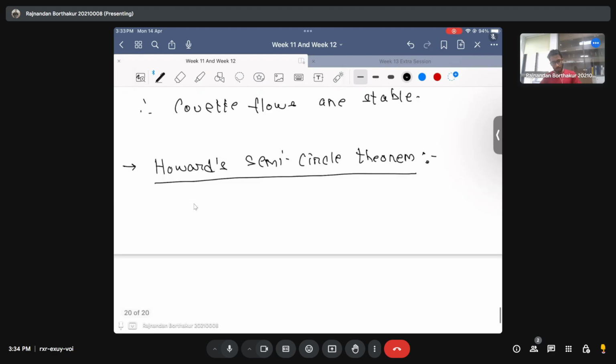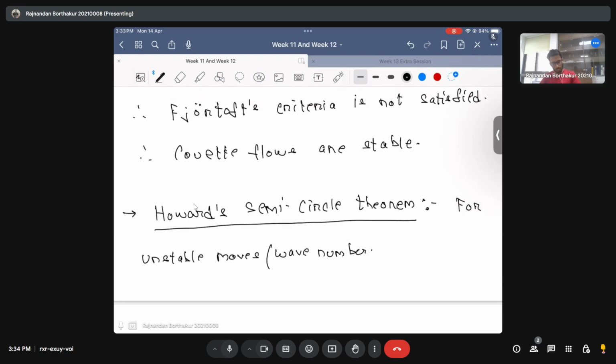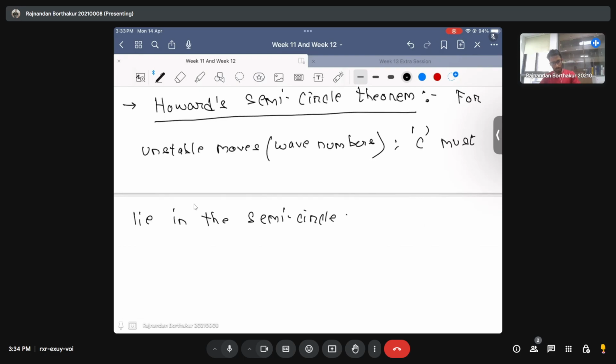What it says is that for unstable modes or wave numbers, C, which is the eigenvalue, must lie in the semicircle given by this.